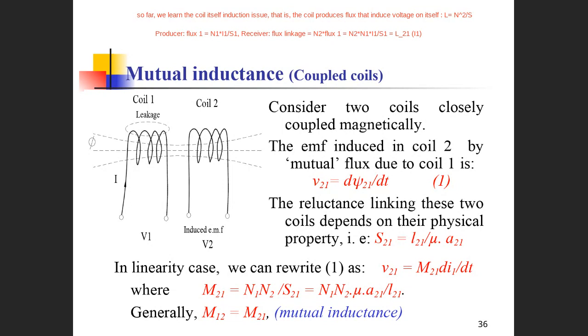Mutual inductance equals N2 times N1 over the reluctance between 1 and 2. Actually, you can compare these two.